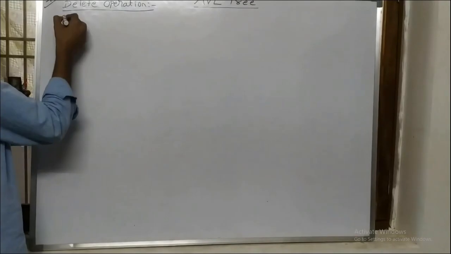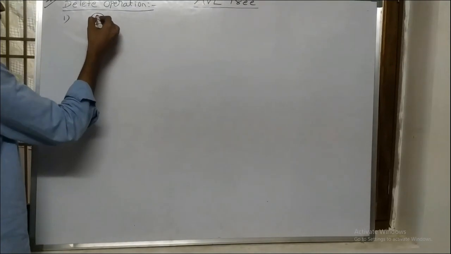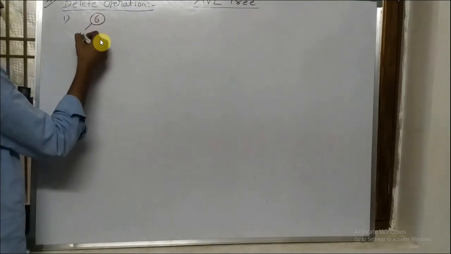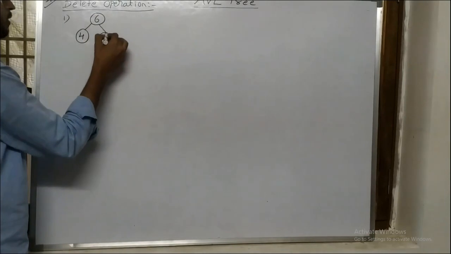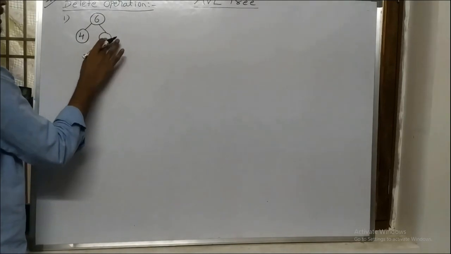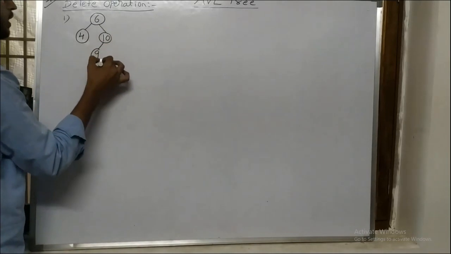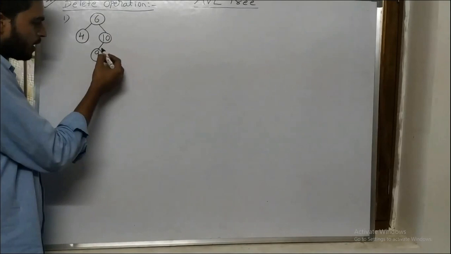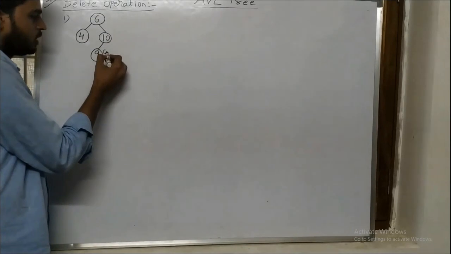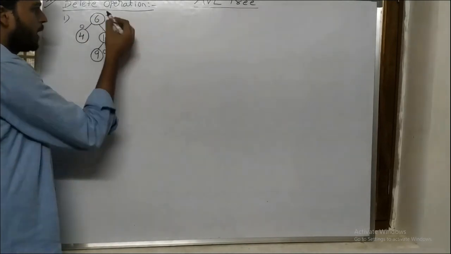Okay, let us take the first one, having 6, 4, 7, or let us take 10 and 9. Now, if I am calculating the balance factor, 0, plus 1, 0, minus 1.